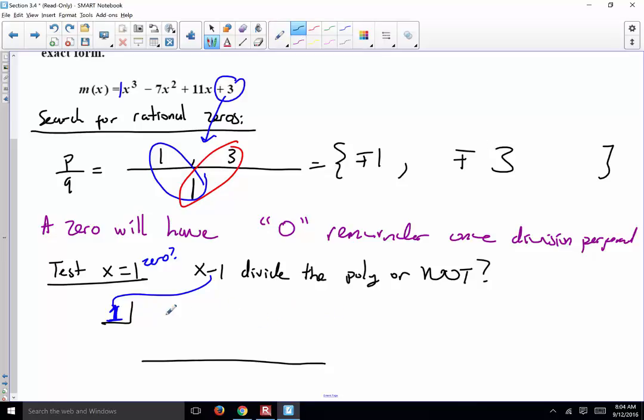Here I put all these numbers, right? So I start with 1. I continue with minus 7. Next I have 11. And finally I have 3.